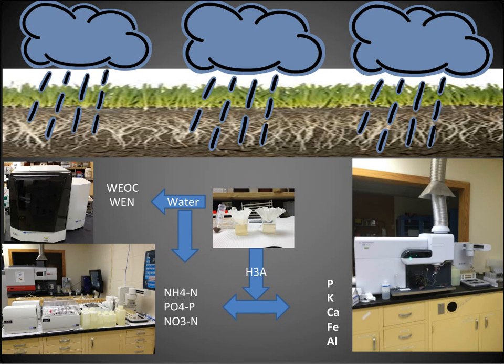So there are some built-in checks here. My water extractable nitrogen better be higher than the sum of ammonium and nitrate, and the orthophosphate better be less than the phosphate we get out of this machine. So we have these cross checks built into the system to make sure that we're on the right track, the samples are in the right order, and the numbers make sense.